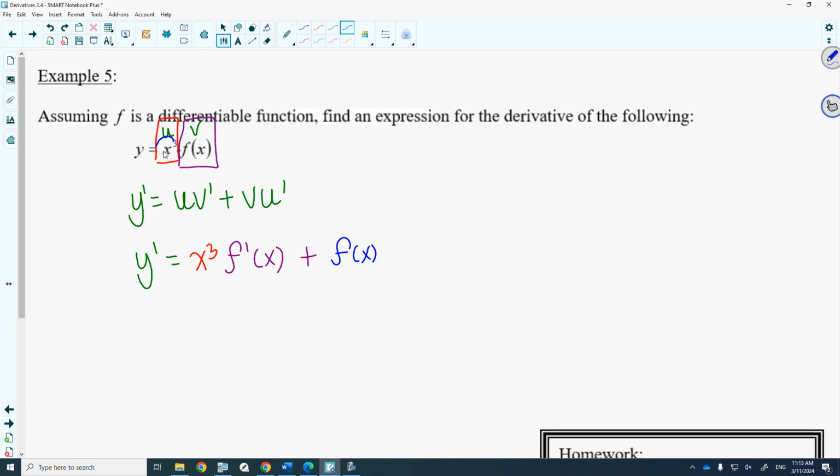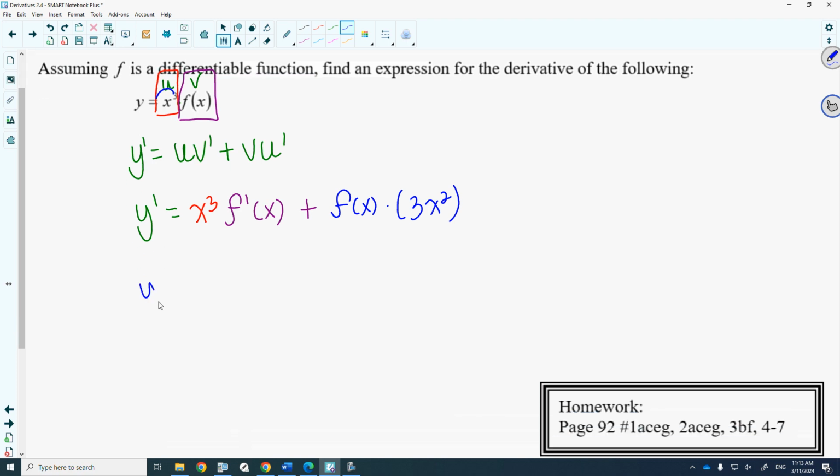The derivative of x cubed would be 3x squared. And then from here, we've got x cubed f prime of x plus 3x squared f of x.